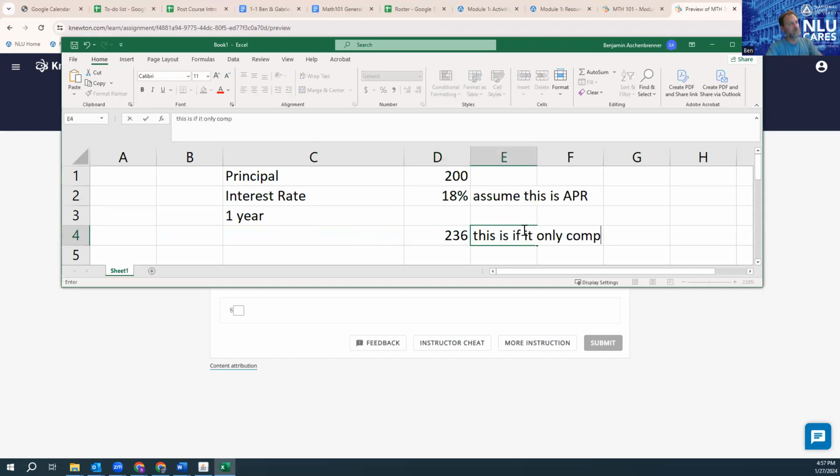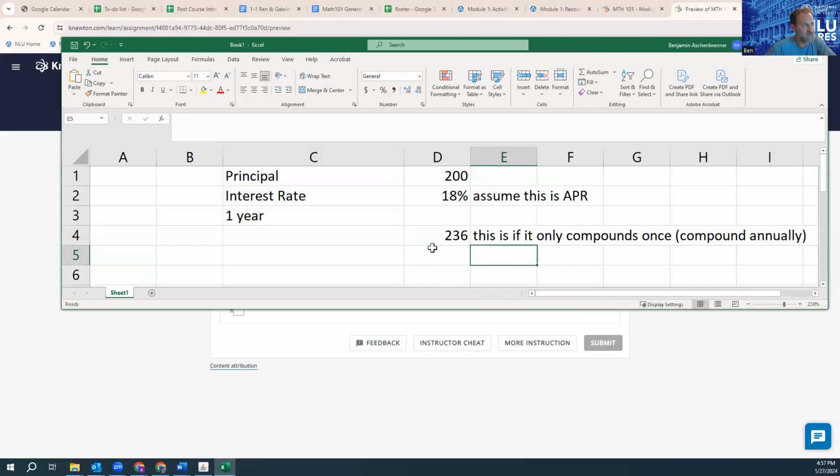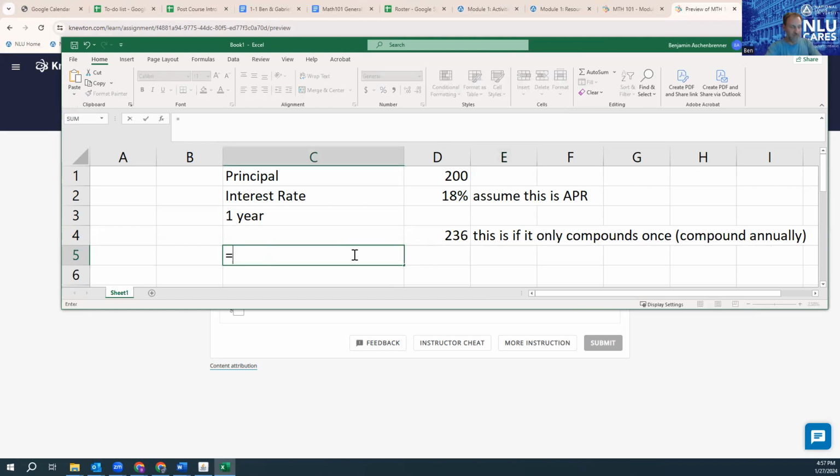It only compounds once. This is compounded annually. And we're going to hit this in week 3 hard, but basically things generally in the banking world don't compound annually. They compound more frequently, and that's to the advantage of the people who lend you the money. So what we do is we take the principal, we multiply by the multiplier, but the multiplier is more complicated.